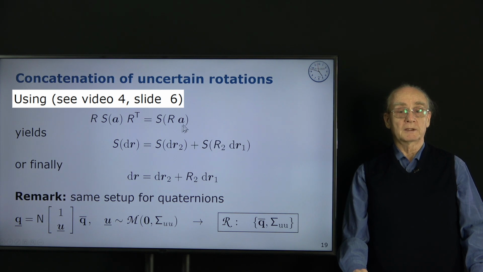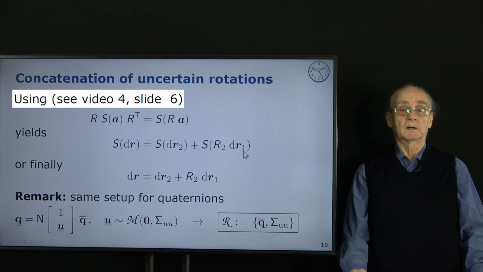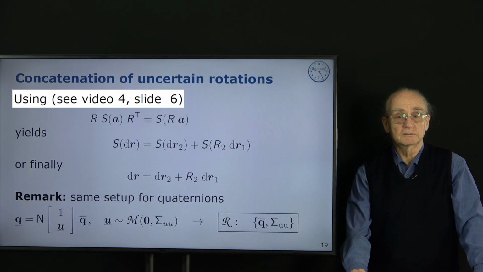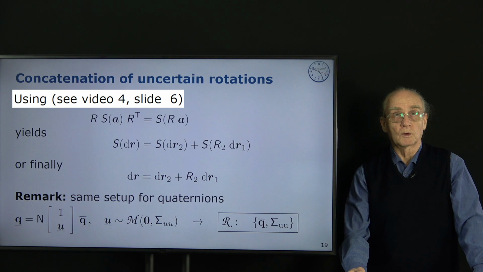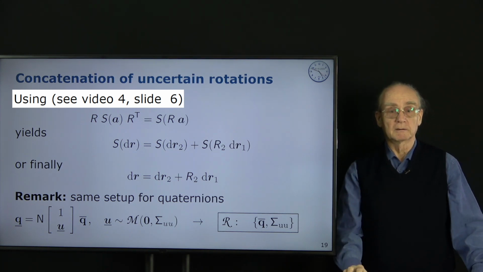So we have the skew-symmetric matrix of dR is the skew-symmetric matrix of dR2 plus the skew-symmetric matrix of R2 times dR1. This looks good. We still have the S's there, the skew-symmetric matrix. But of course, the skew-symmetric matrices all depend on the three elements, let's say the upper right three elements.